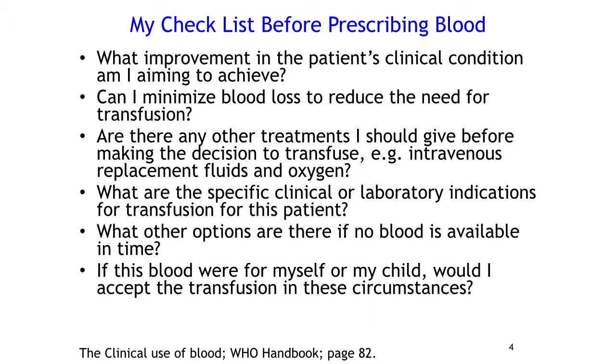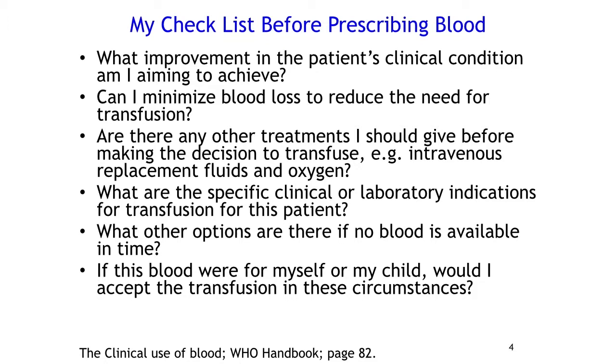There are guidelines for transfusion, and in sub-Saharan Africa we often use the WHO guidelines, and one of them is a checklist to ask yourself, do I need to transfuse this child? There are about 10 items. I just highlighted 6 of them.